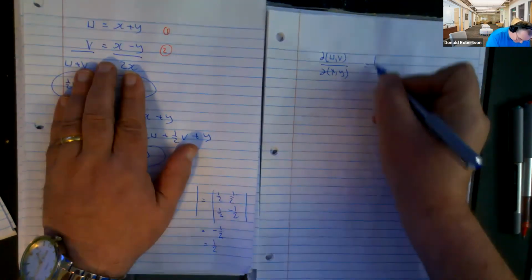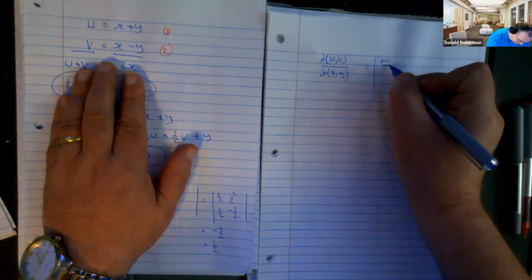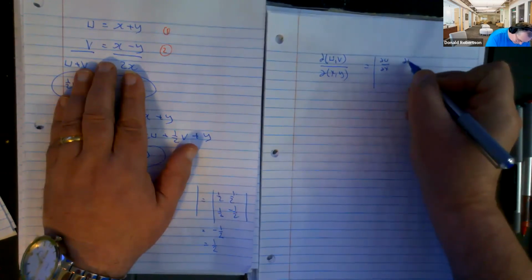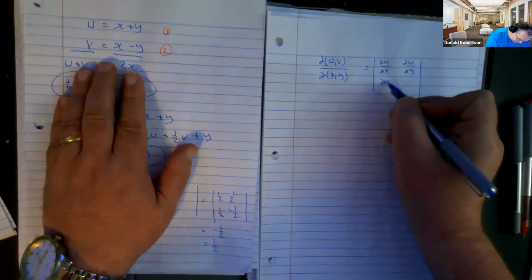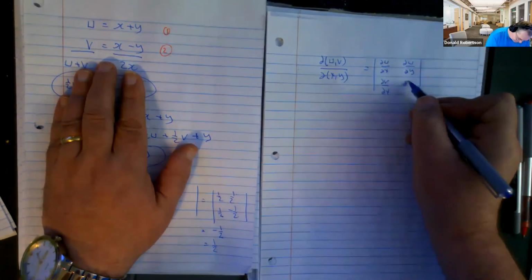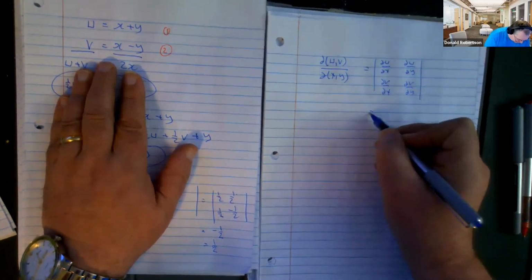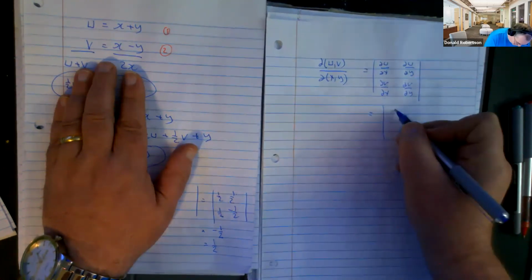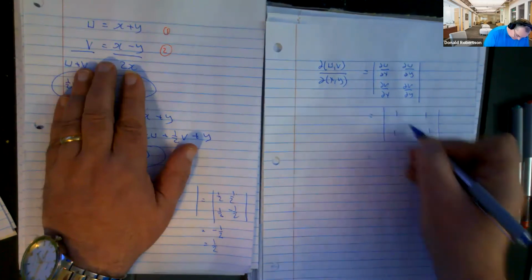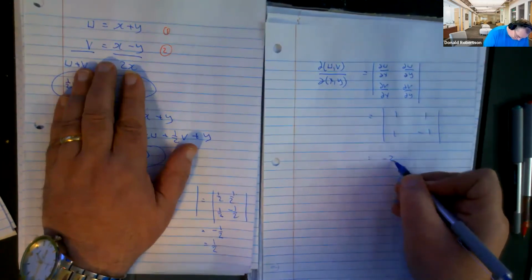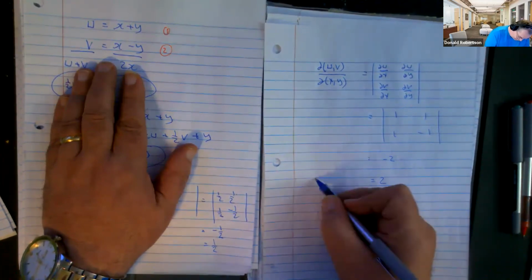And I'm going to find that. So differentiate this with respect to x, then differentiate it with respect to y, then take v with respect to x and take v with respect to y. And a whole load of numbers, we're going to have 1, 1, 1, negative 1. Negative 1, take away 1, negative 2, we call that 2.